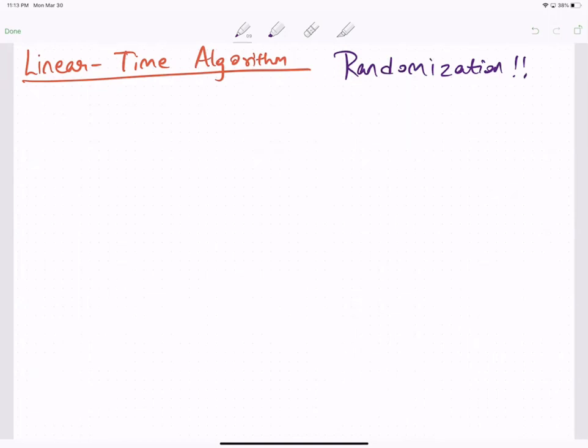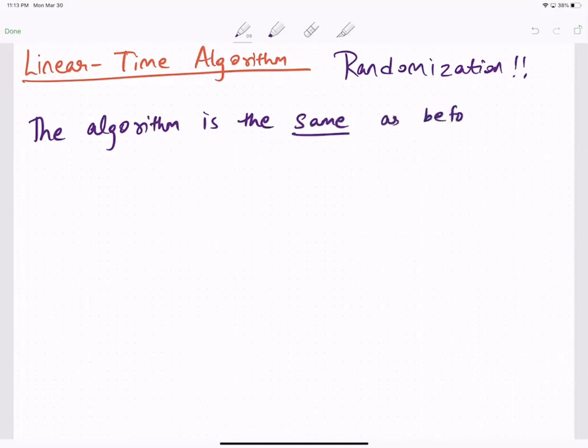The key part is the analysis. So let me write that down. The algorithm is the same as before.